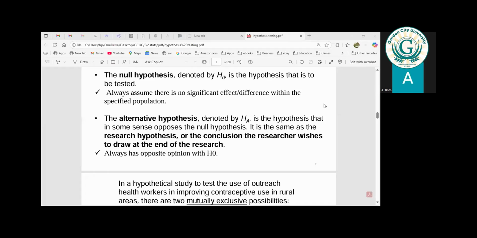Probably there's a drug, and you think that this drug will improve the weight. Let's say there's a vitamin that you think that if pregnant women take this vitamin, it should increase the weight of babies.